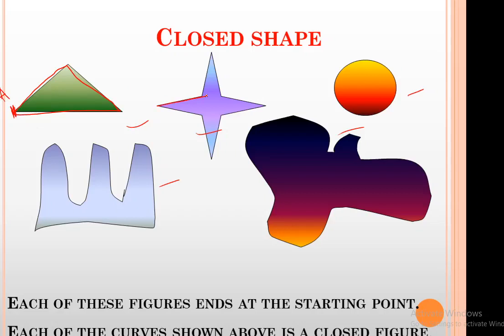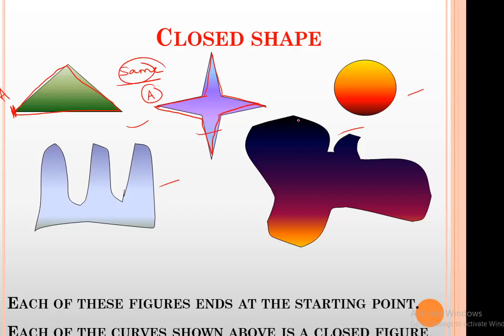Similarly in this shape too, if I start from here and after completing this figure I came at the same point. Okay, so in both the cases the starting and ending point both are same.